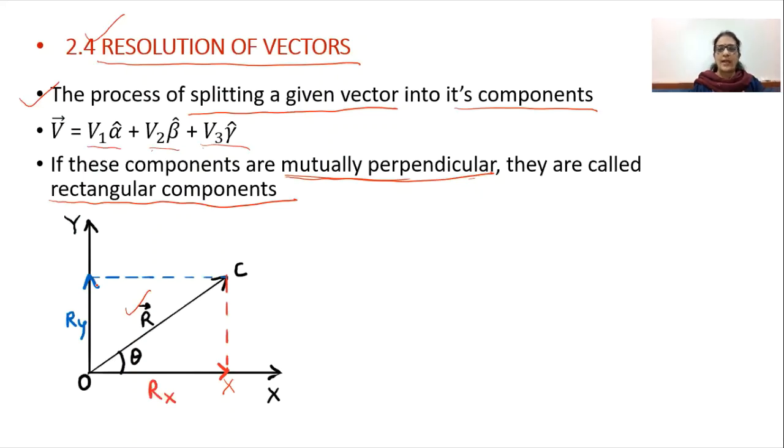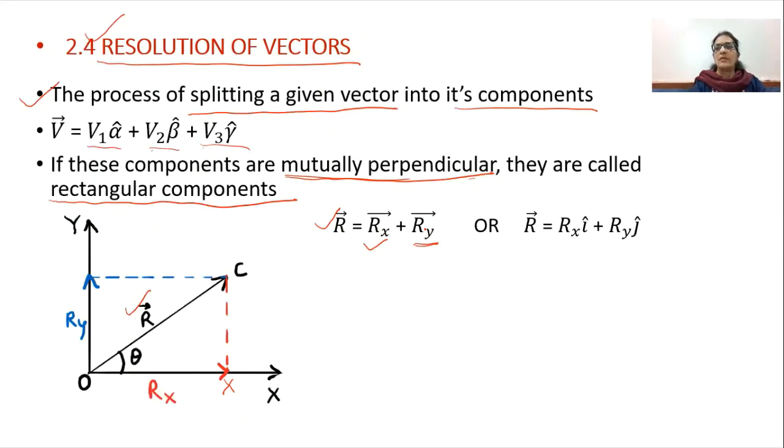So how can you write that? You can write it as R bar is equal to RX bar plus RY bar. What is RX bar? Rx bar is the component of vector R bar along X direction. Ry bar is the component of vector R bar along Y direction.